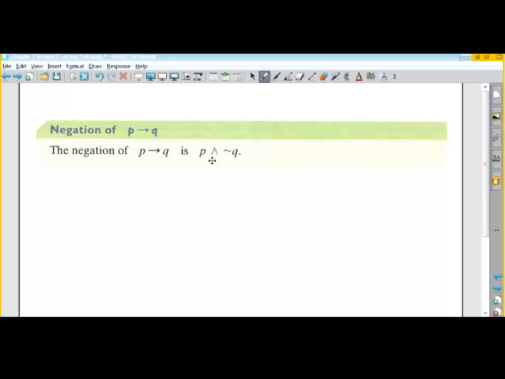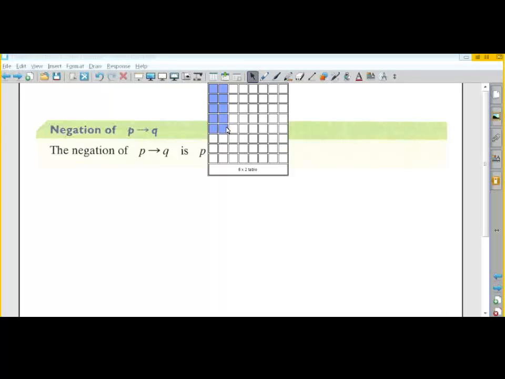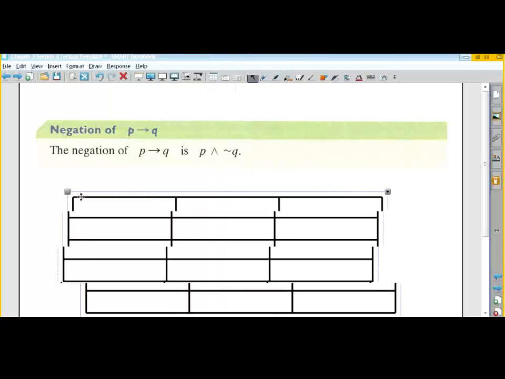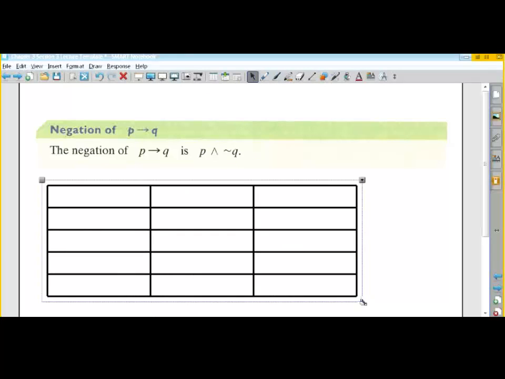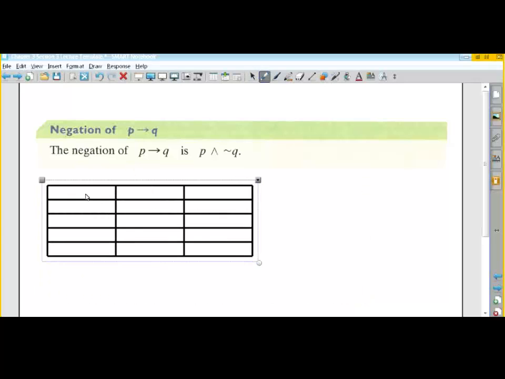Now, let's look into that a little more, because what they're saying is those two statements are equivalent to each other. And if two statements are equivalent to each other, they should have the same final answer for both truth tables. So the first one, we already know what the truth table is because we just did it a second ago. We remembered the rule was the only time an if-then statement is false is if the first statement is true and the second statement is false.